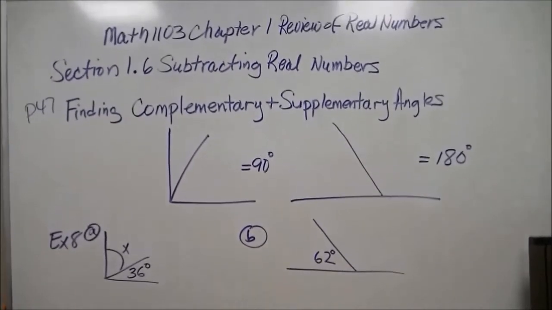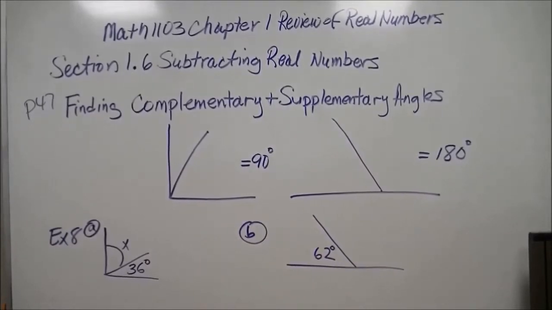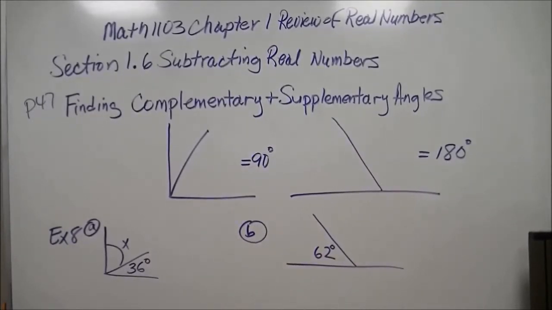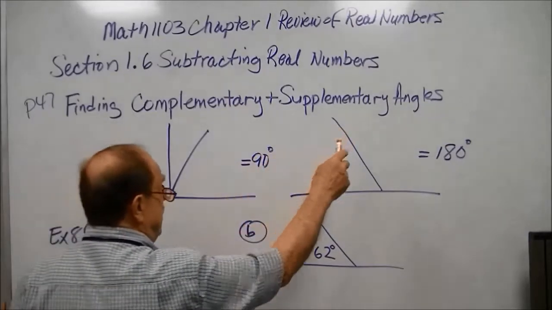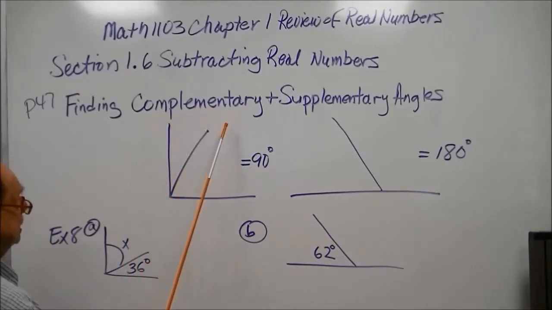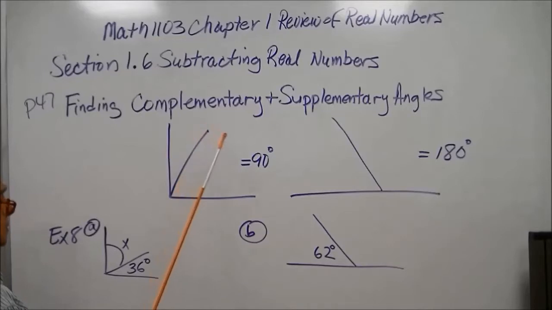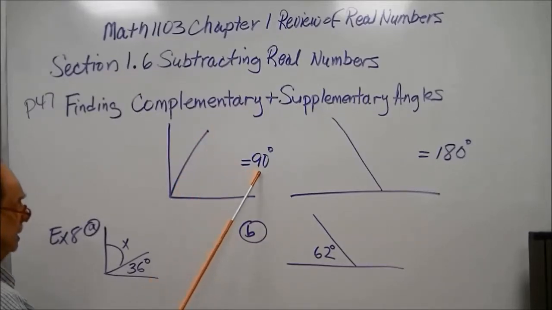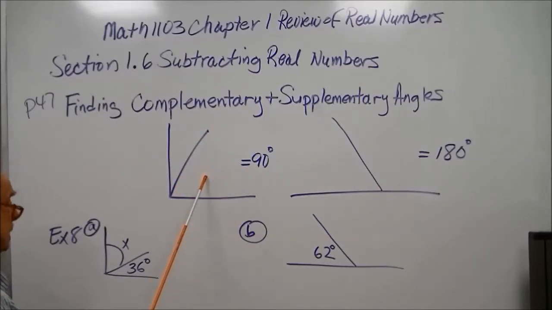Okay, for our last topic today, we're going to do finding complementary and supplementary angles. And for this, we just need to know a little definition. Complementary angles are angles the sum of which is 90. If this were, let's say, 60, then this one would be 30.